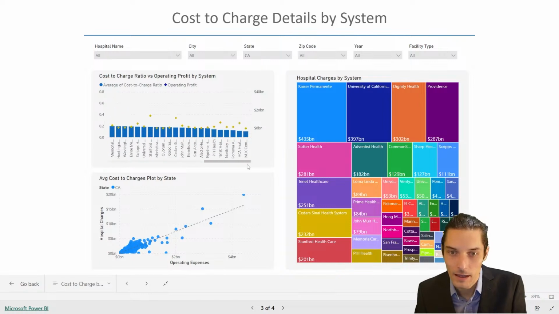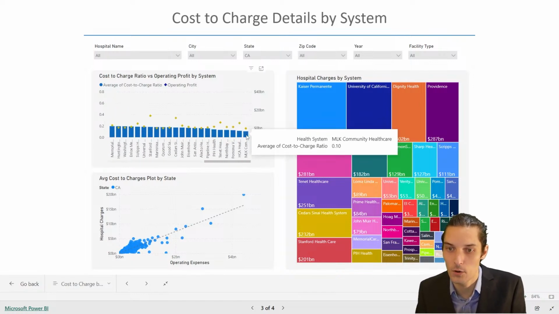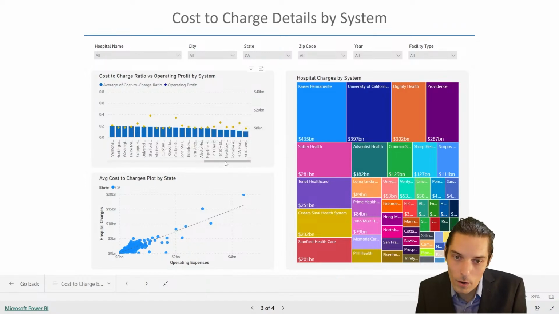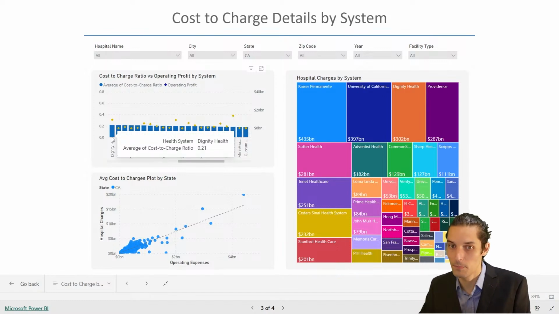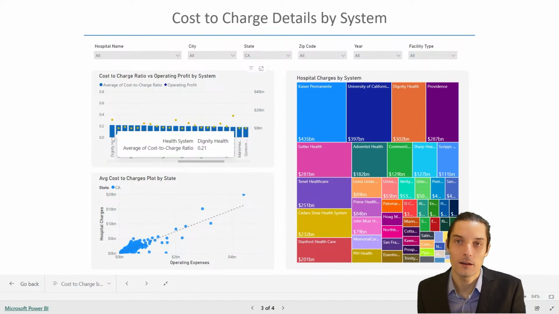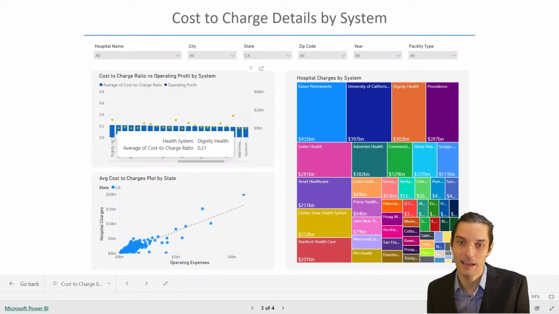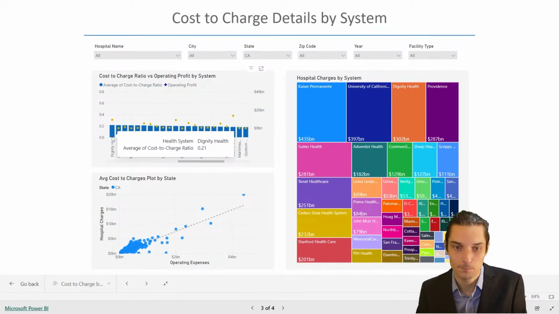Now, on the other hand, if you use something like MLK Community Healthcare, or let's choose another one, a lot of these like Dignity Health, for example, there's a lot of negotiating room downward, where your insurance company can negotiate downward the top line charge that they're getting in order for you to make a payment.